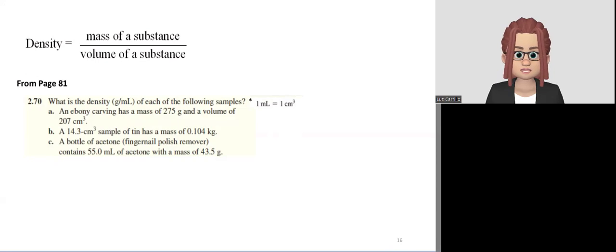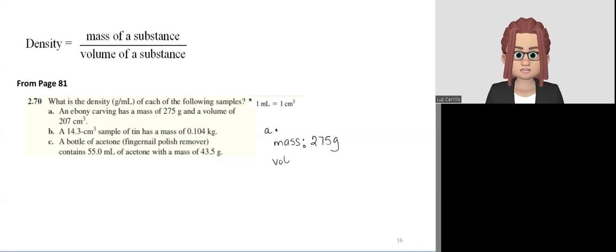First, let's establish that the equation that I need is here. Density equals mass over volume for the substance that I'm interested in. And in problem A, I have an ebony carving. I record the information that is given to me. I know that the mass is 275 grams.